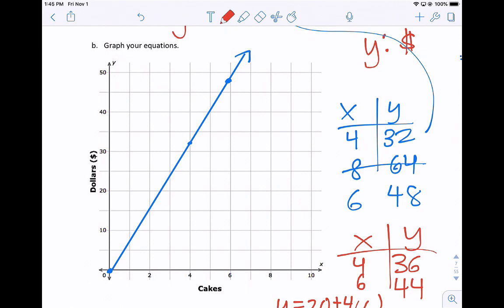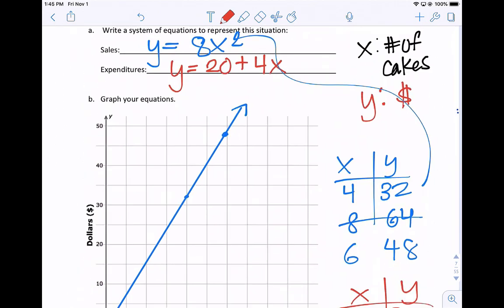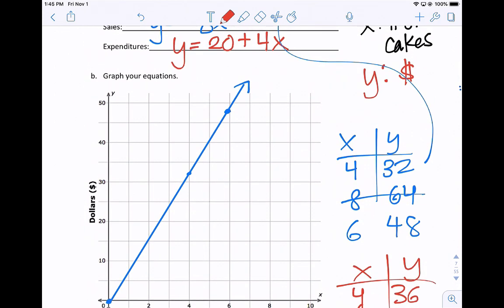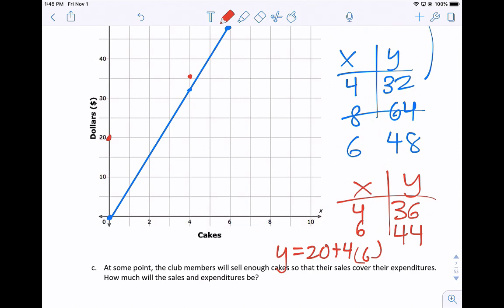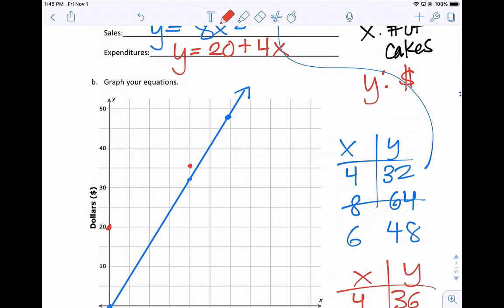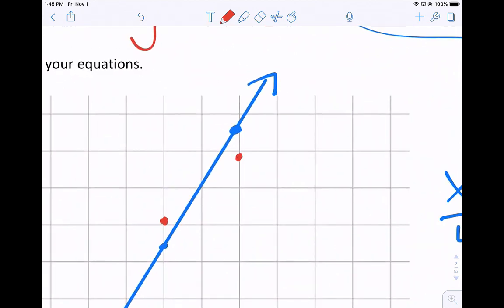All right, so first we should do the y-intercept, 20. And then 4, 36. And then 6, 44. There's 45, so we'll say 44 is right there.